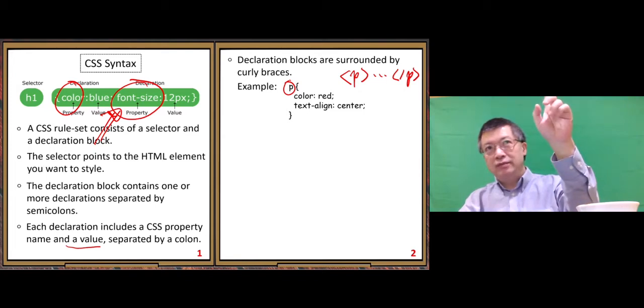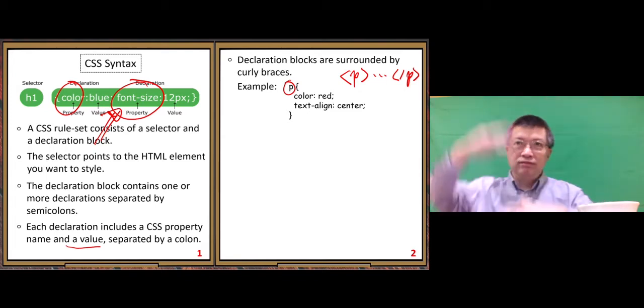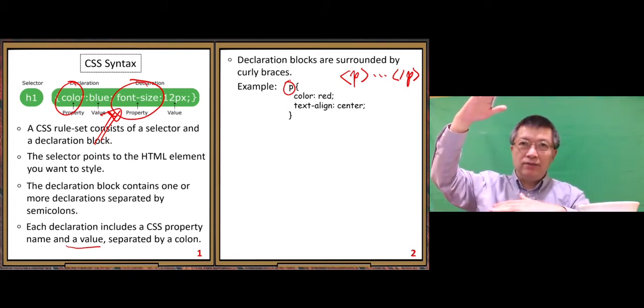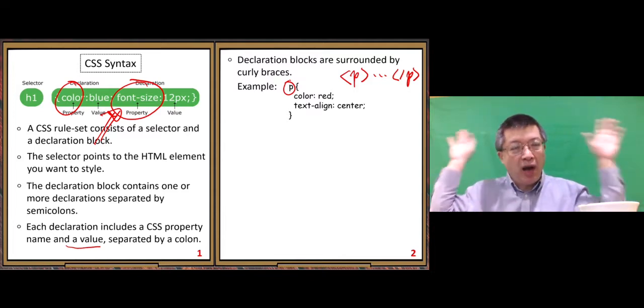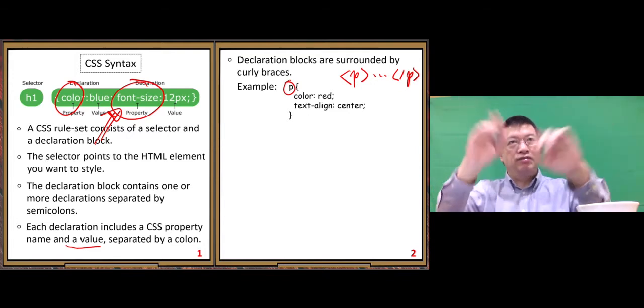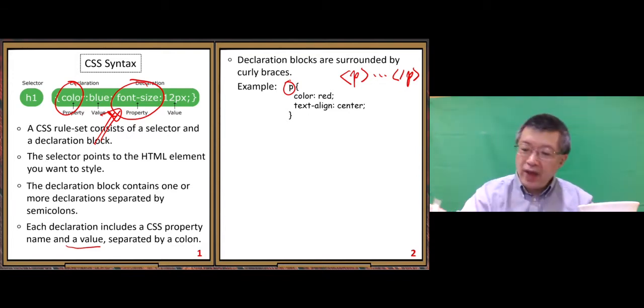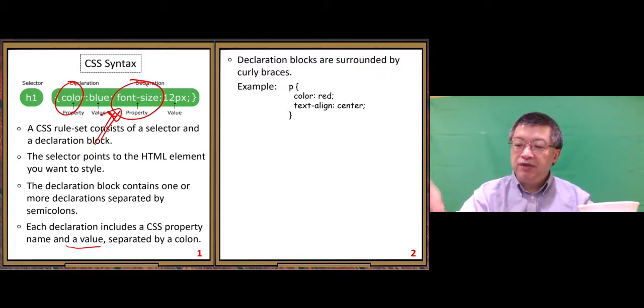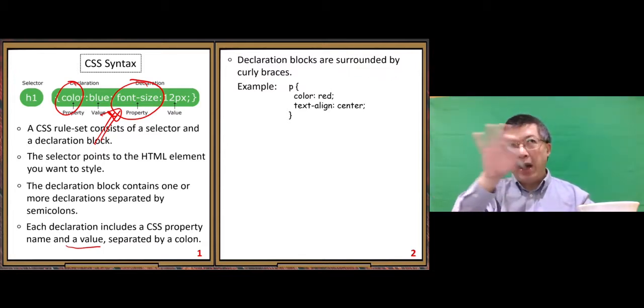That's not just one, right? Usually many elements we can apply this same style definition. Then inside the declaration block, how do we define rule by rule? Declaration by declaration.